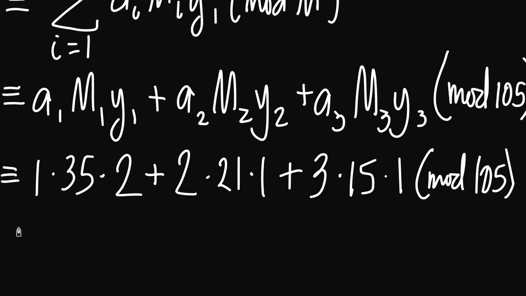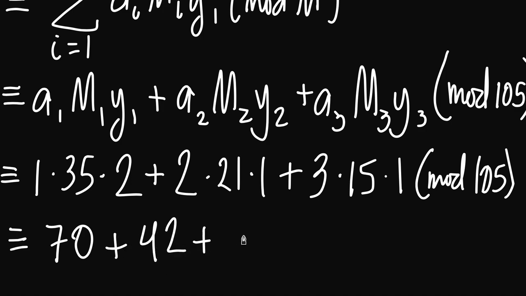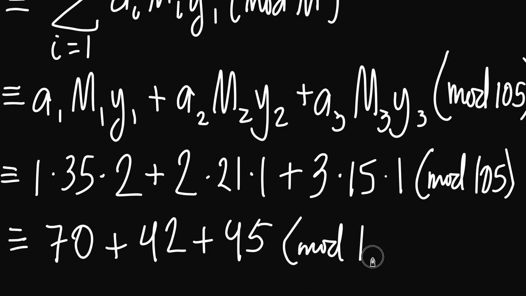So we continue in this manner by solving. So we have 35 times 2 is going to give us 70, plus 21 times 2 times 1 is going to give us 42, plus 3 times 15 is going to give us 45, mod 105.